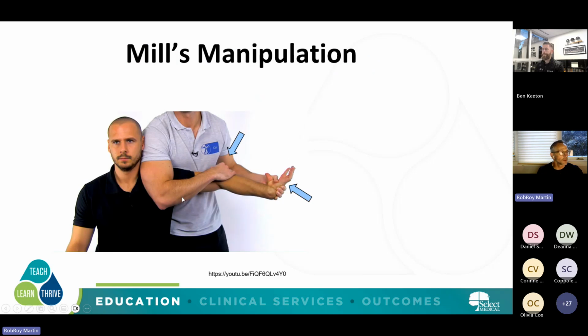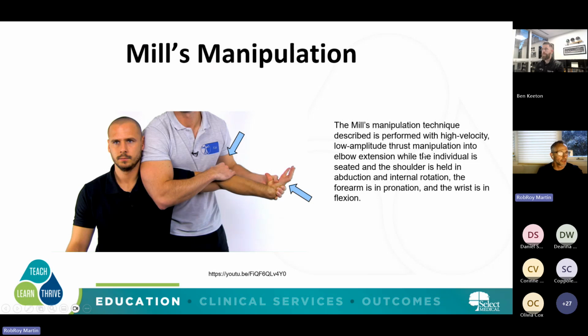So here in this technique, you're holding the wrist. Again, this is a high velocity, low amplitude technique. We're moving the patient's elbow into full extension, holding the shoulder in abduction and internal rotation, with the forearm in pronation and the wrist in flexion.